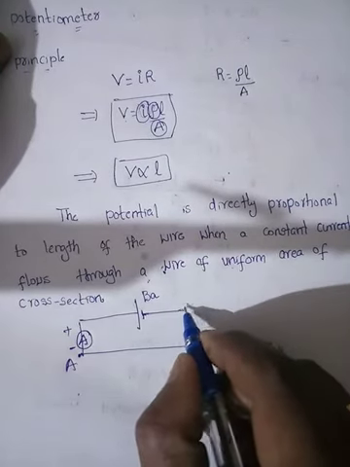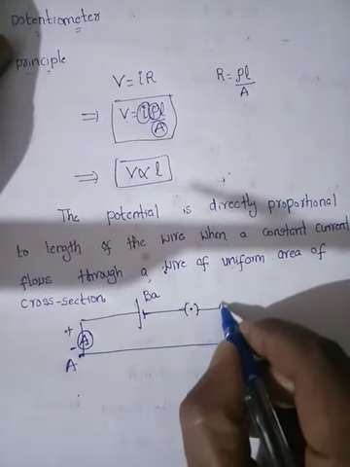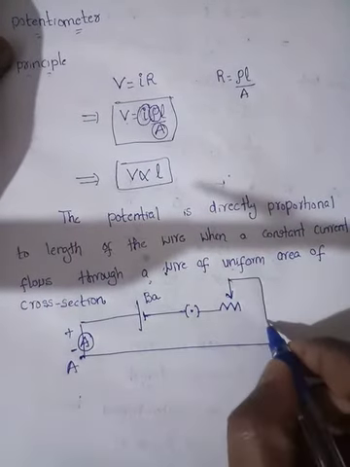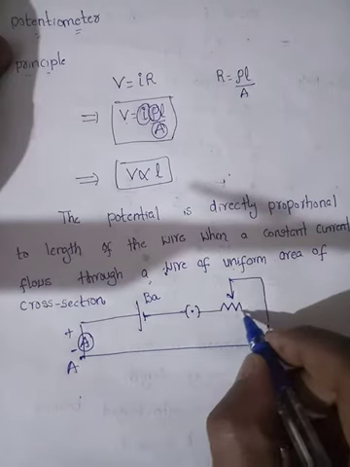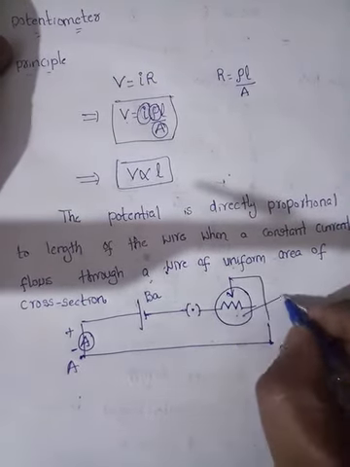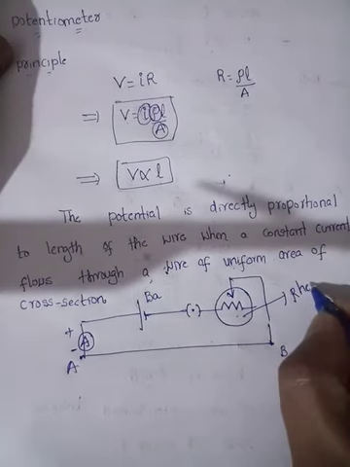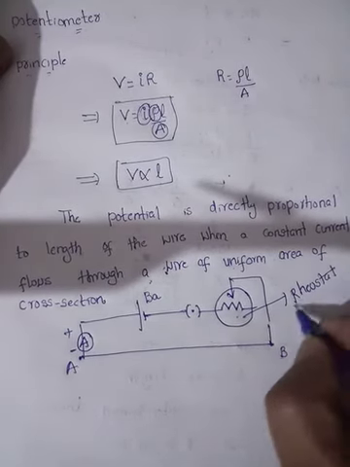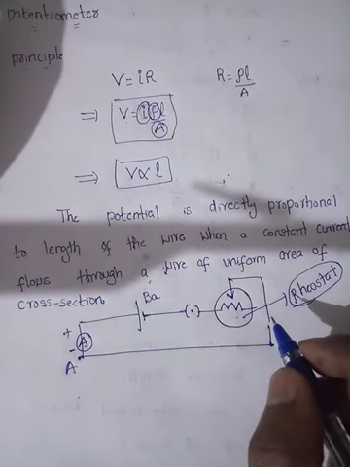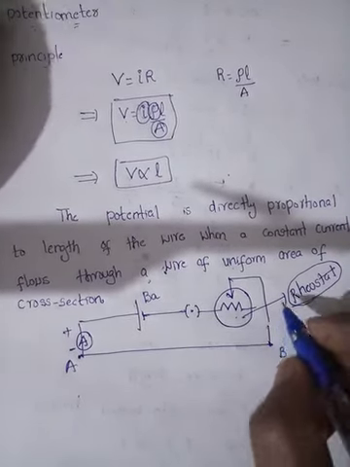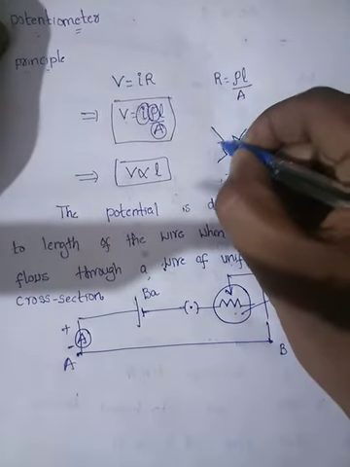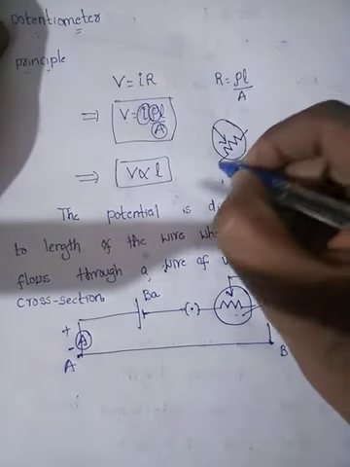and this battery is connected to a plug key, and there is one device called a rheostat. In any case, if you represent this device, it looks very similar to a resistance, but if a device is represented like this, it has three terminals.